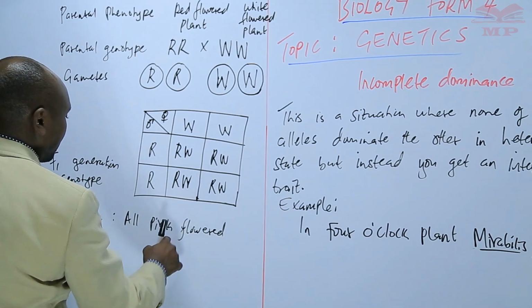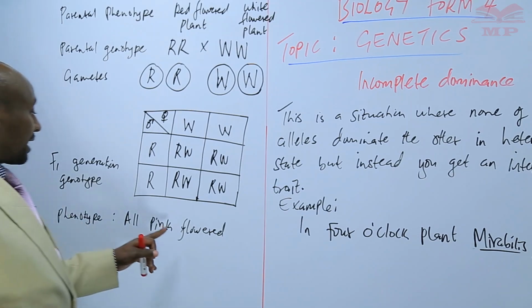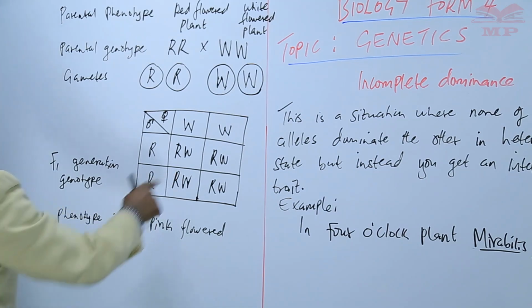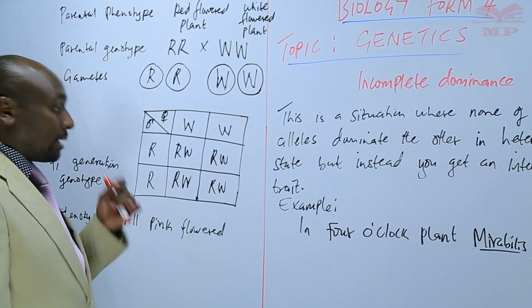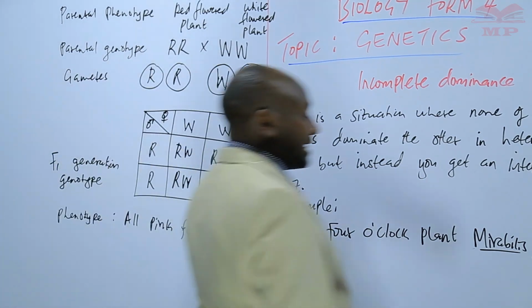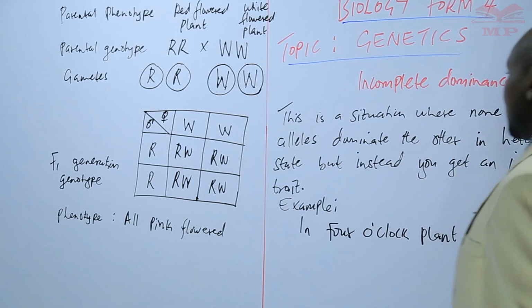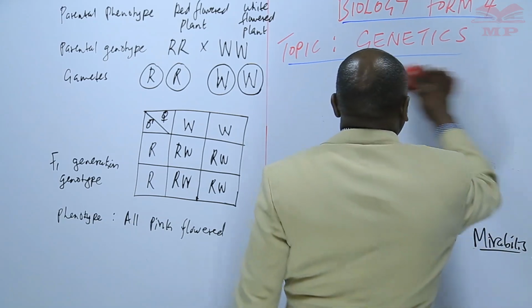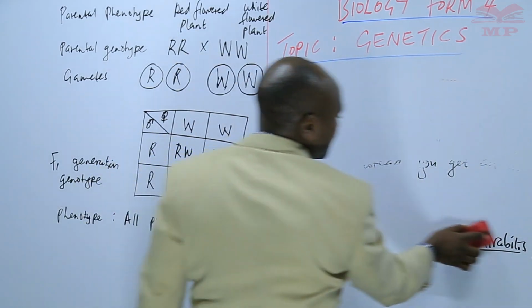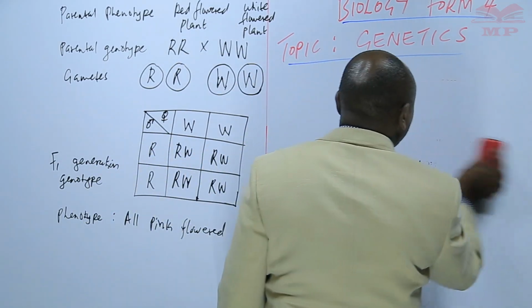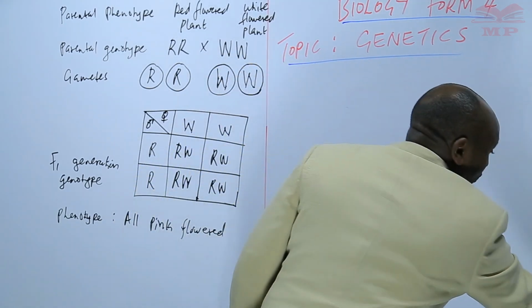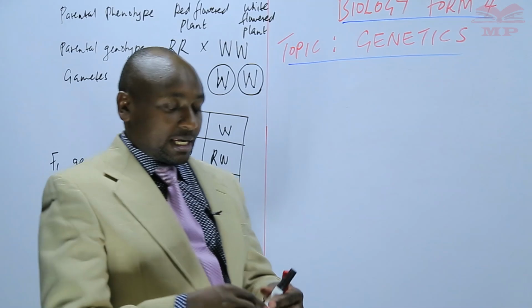The pink color is indicated as capital R, capital W. So none of the alleles is dominating the other. That is a case of incomplete dominance observed in the 4 o'clock plant, Mirabilis jalapa.